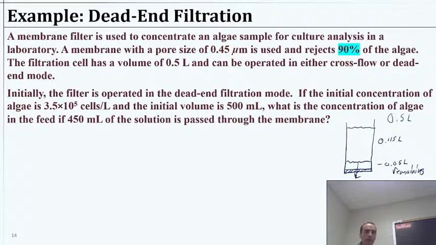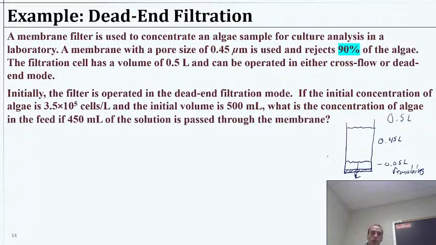So it said we had a ½ liter volume, and we initially had a full ½ liter, right? 500 milliliters is ½ liter. And then we want to know how much is left in the feed if we've passed 450 milliliters of the solution through the membrane. So we started with 0.5 liters, and we have to subtract 0.45 liters from that to know how much we have remaining.